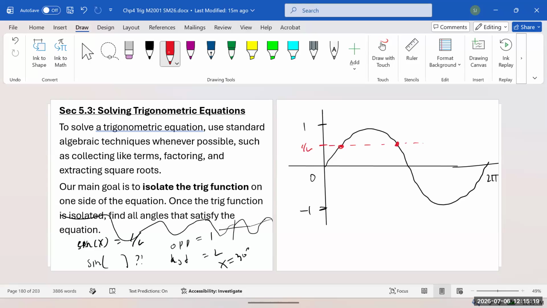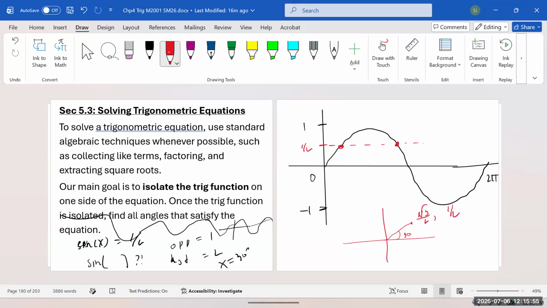One is 30 degrees, and what's the other angle? On which quadrant? If you look at the unit circle, we have 30 degrees here. X is √3/2 and y is 1/2.